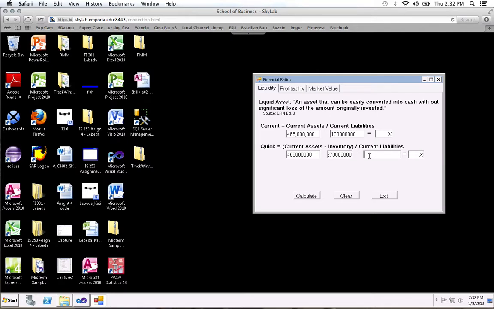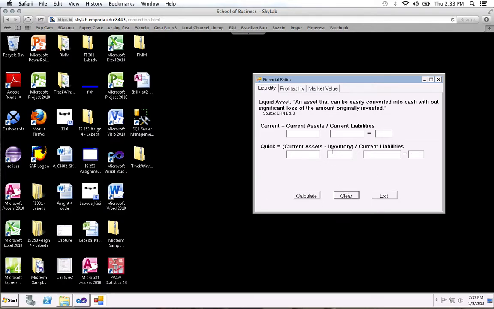And then current liabilities again as $130 million. So all you have to do is press calculate, and the answers appear in these boxes. And so 3.58 is the current ratio, and 1.50 times is the quick ratio. To input different numbers, all you have to do is press clear here, and it'll clear all the boxes and you can start over.